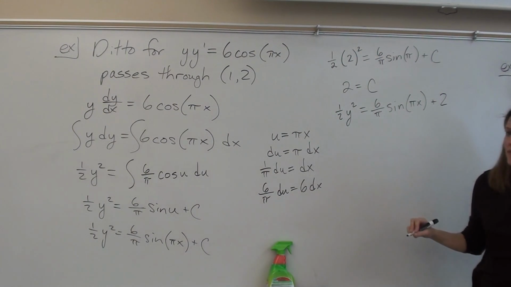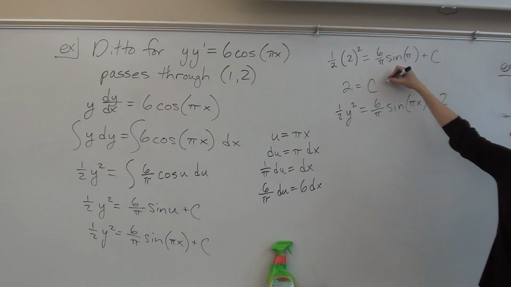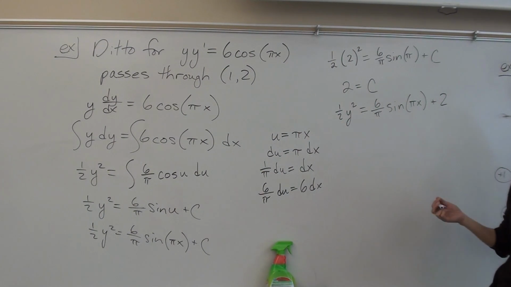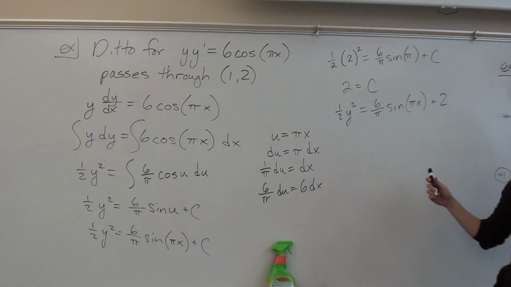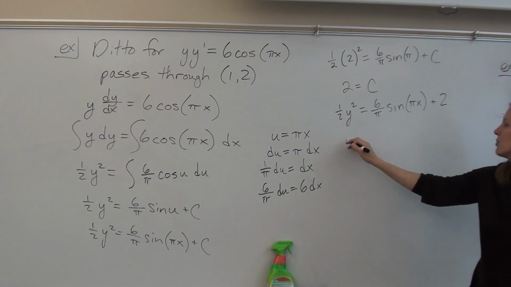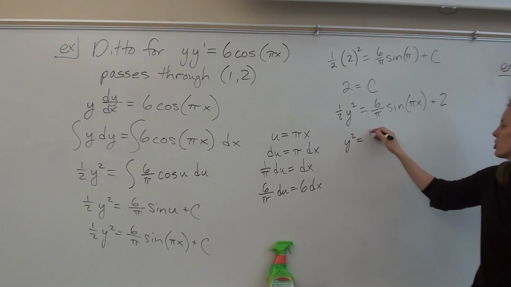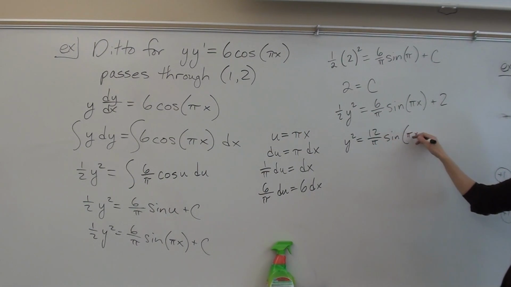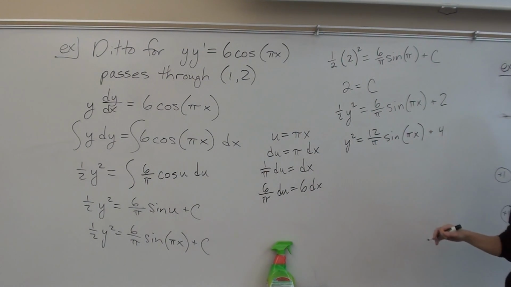Is that a point right there? That's a point, yes. So now you're up to 5 points. We need the last point. We've got to solve for y. What do we do first? Multiply by 2. Multiply everything by 2. We get y squared equals 12 over pi sine pi x plus 4.